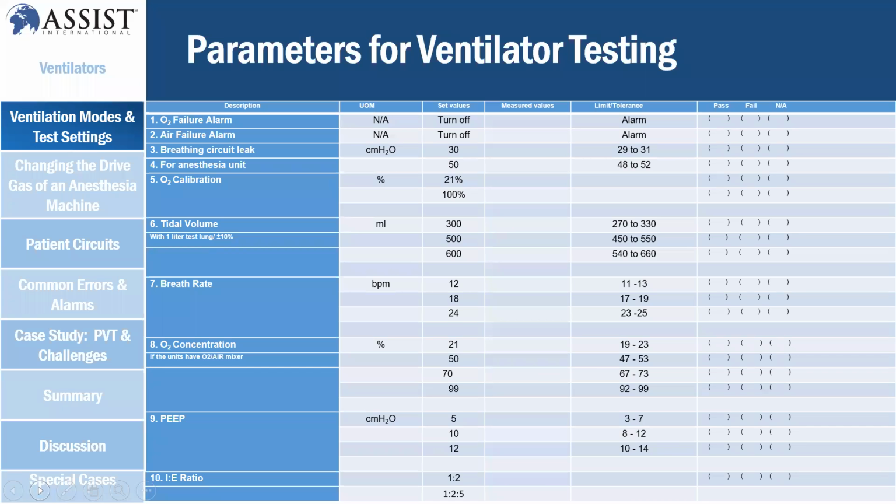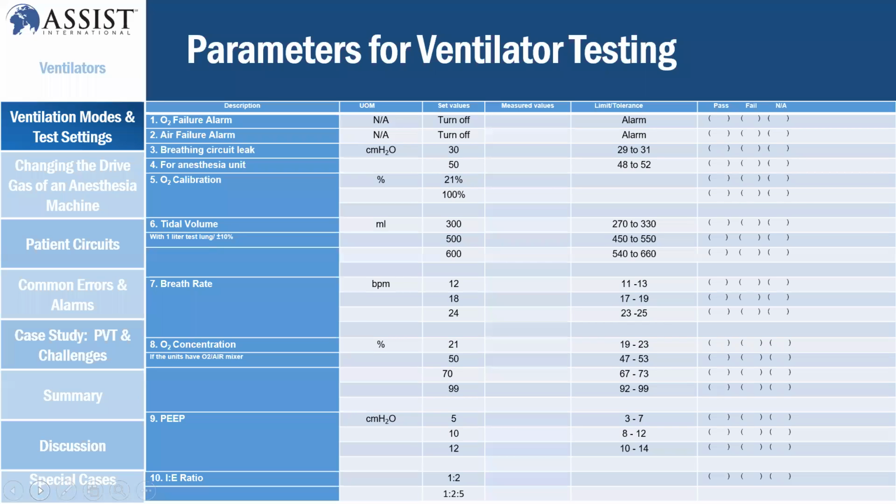When you talk about parameters for ventilator testing, you need to remember that the incoming pressure is very important. The pressure should be somewhere 4 bar to 6 bar. Normally it's 450 kPa, kilopascal, to 680 kilopascal incoming pressure.